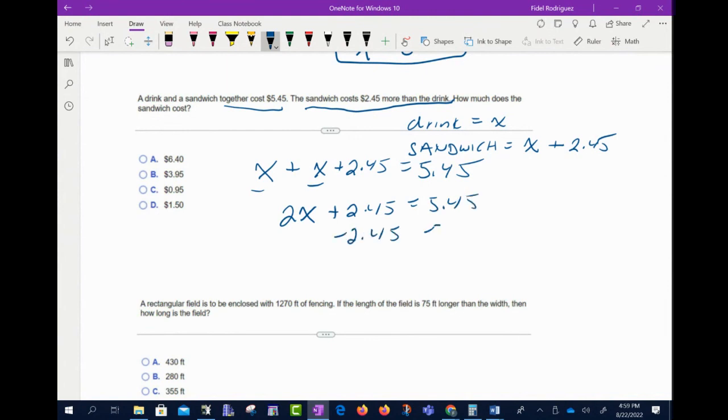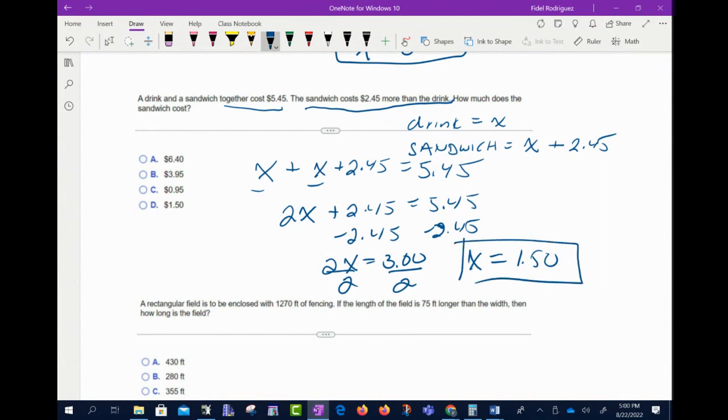And so now I'm going to subtract here. That's going to give me $3. And I would divide them both by 2. That's going to give me $1.50. And so what is $1.50? Well, $1.50 is my drink. So my drink is $1.50.